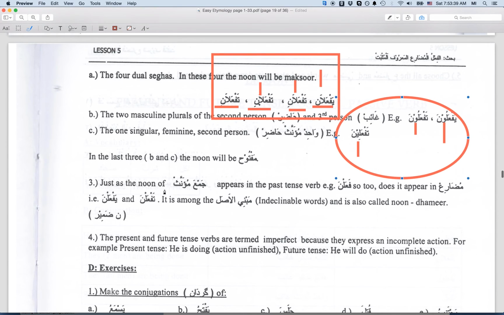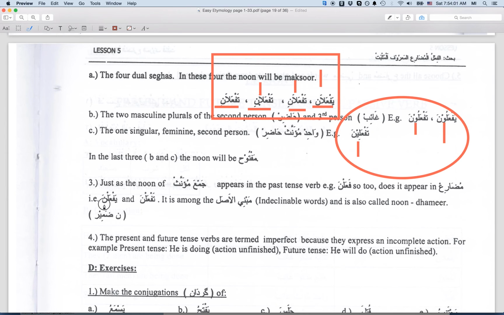Just as the noon of jama muannas appears in the past tense, for example fa'alna, so too does it appear in mudari, like yaf'alna. They're saying jama muannas appears in the past tense, and so does it appear in mudari. Yaf'alna and taf'alna.